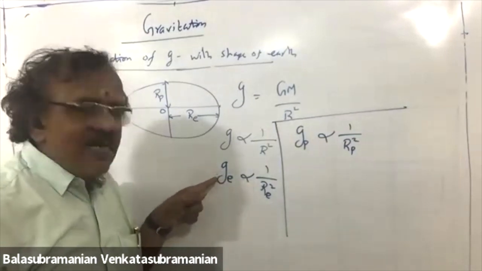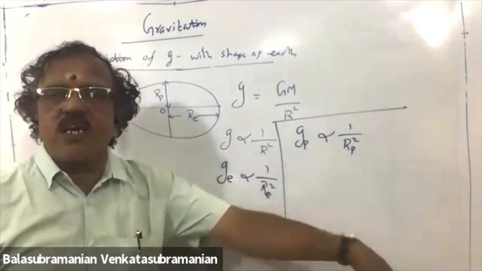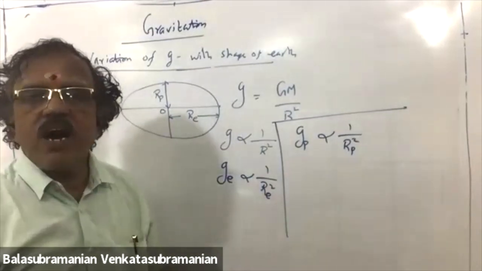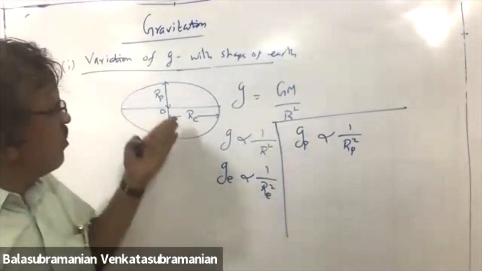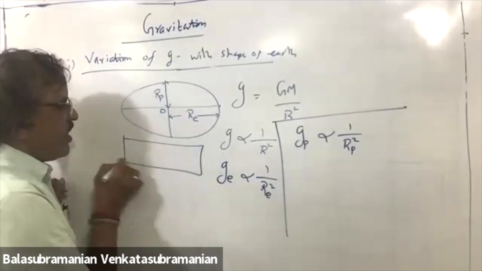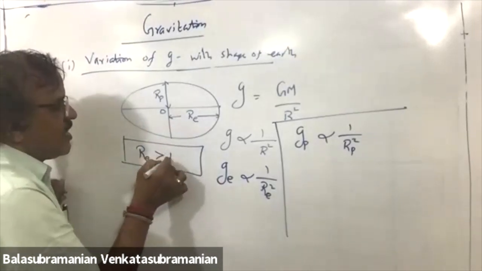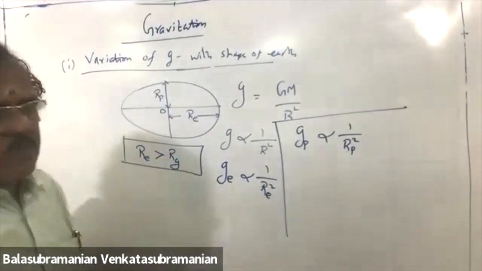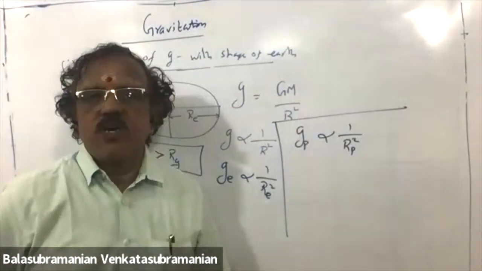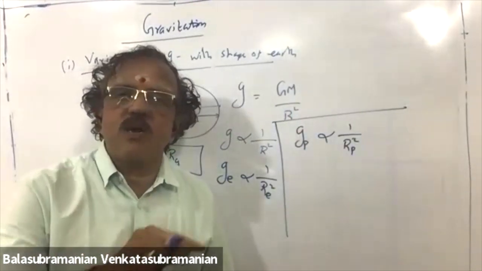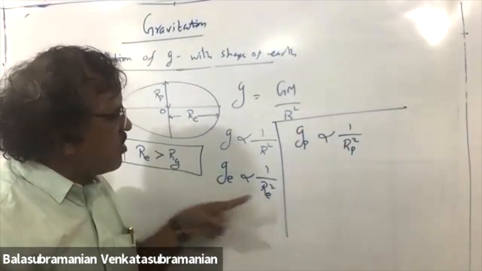Acceleration due to gravity and radius are inversely proportional. So when R is greater, g decreases. From the diagram it is well understood: RE is greater than RP, so the equator radius is bulged. The equator radius is more than the pole radius, so the denominator is more.